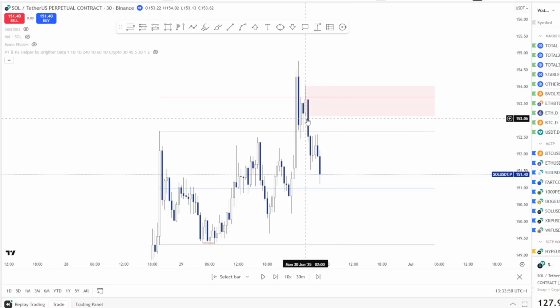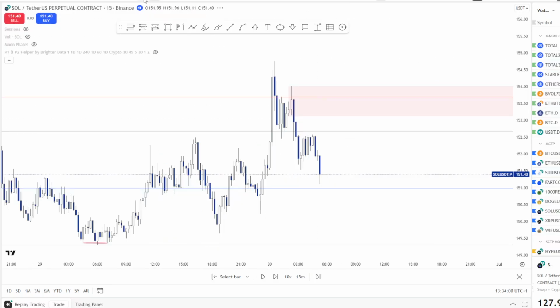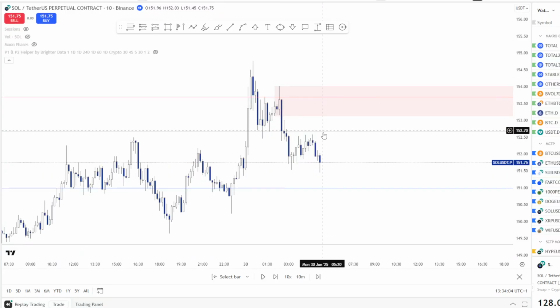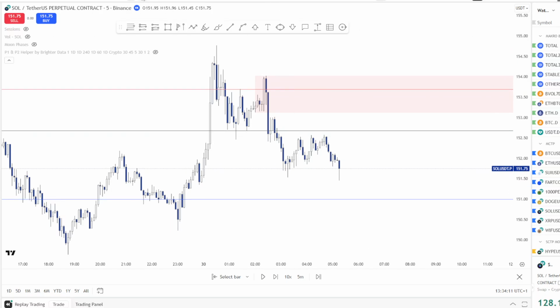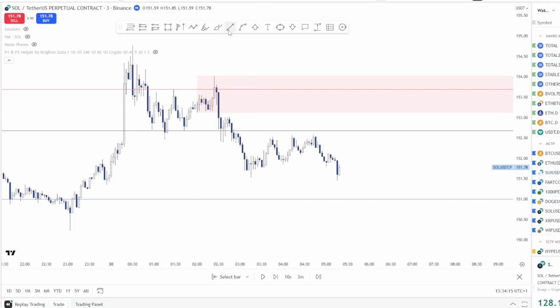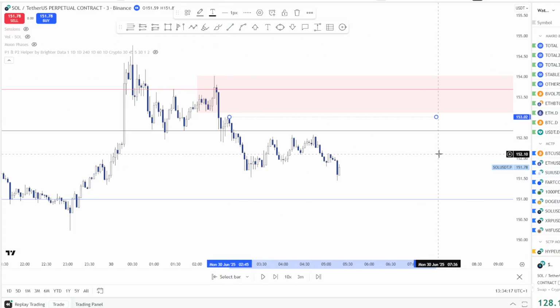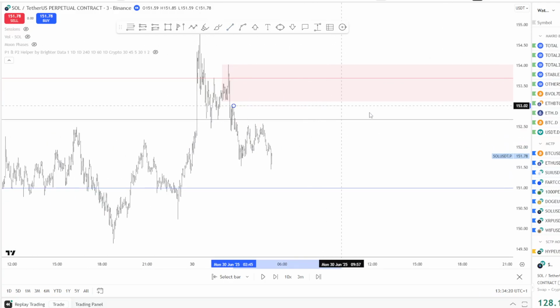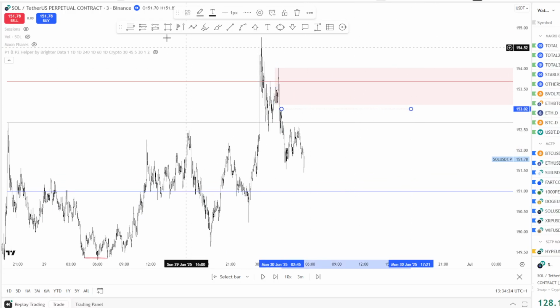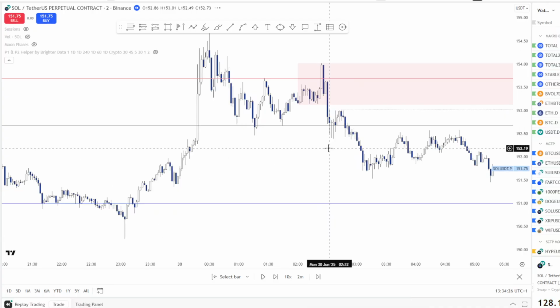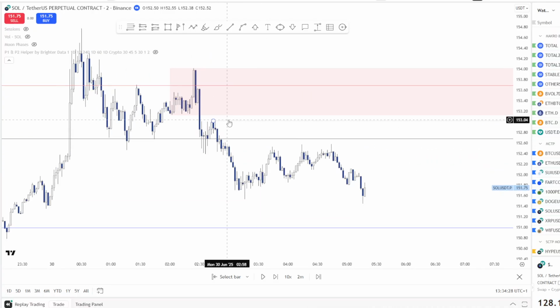So this is a bit high up, but maybe we get something more locally. Yeah, so we don't have anything here. On the 3, we have here a little extreme liquidity. And I think that's it from a model 2 perspective.